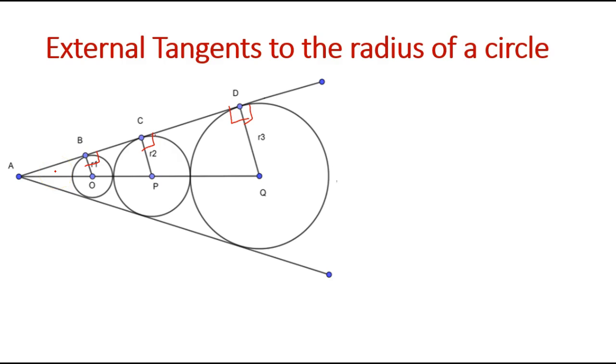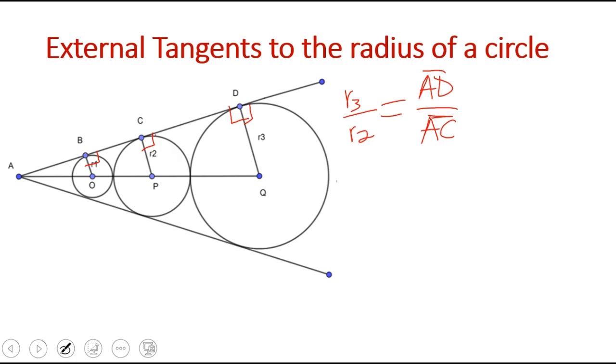So you can set up a proportion, maybe like radius of circle 3 over radius of circle 2. The radii are corresponding parts. And all circles are always similar. So the radius of the biggest circle 3 over the radius of circle 2 is going to equal, if you put the side 3, you have to put the whole length of AD, segment AD over segment AC, something like that.